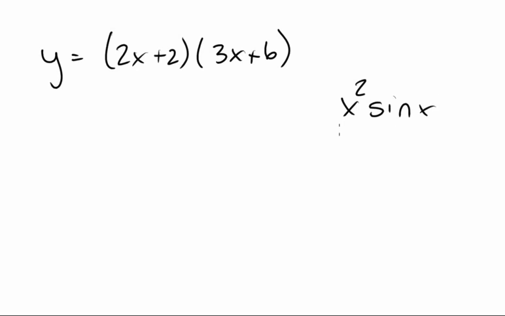Now, we don't know what the derivatives of trig functions are yet, but we'll get to that at some other point, some other video. But in that case, there's nothing you could do about it. So let's pretend like we can't combine these, or let's pretend like we're not good at it, okay?